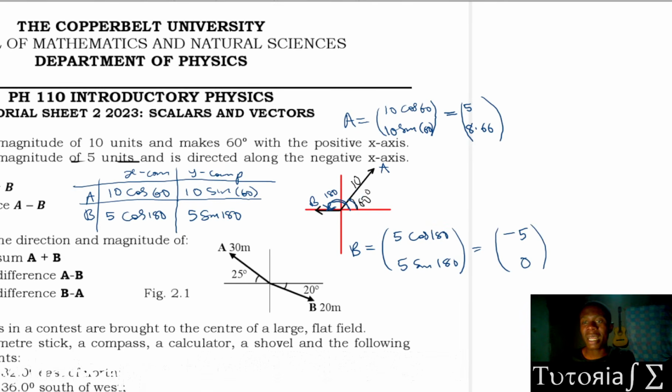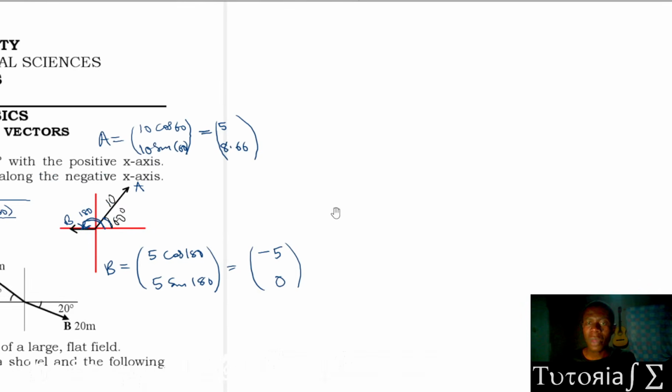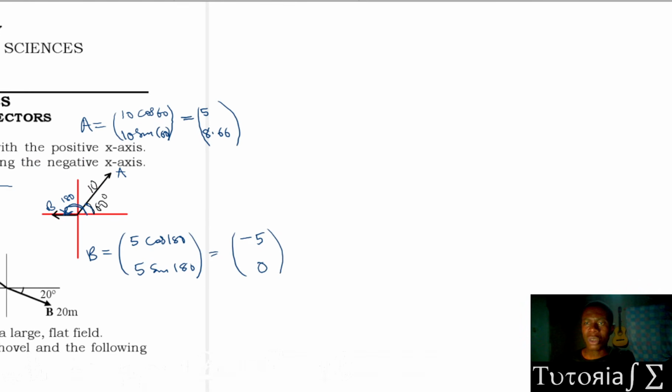Then the addition part and the subtraction part is very simple. So let me just do it here. So let me just put a few examples here. So if you have A plus B, you start with your A. What is your A here? That is 5 and 8.66. All right.